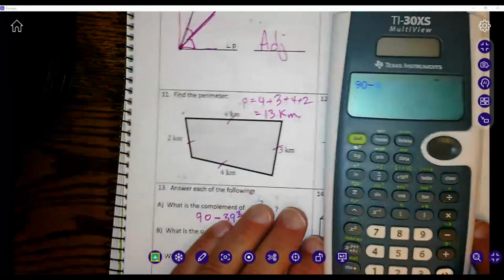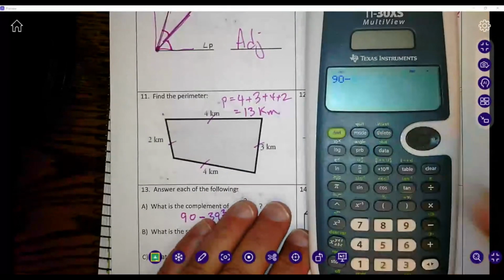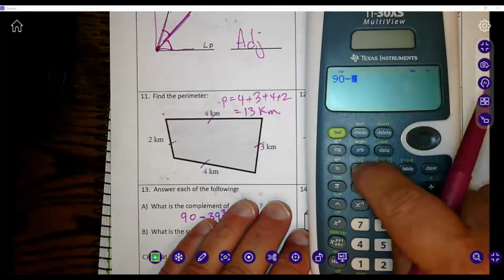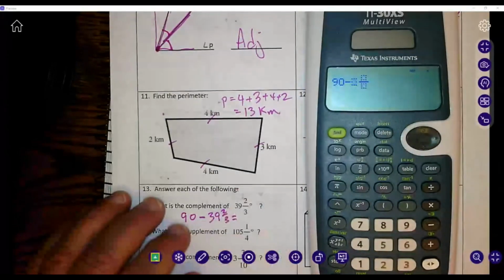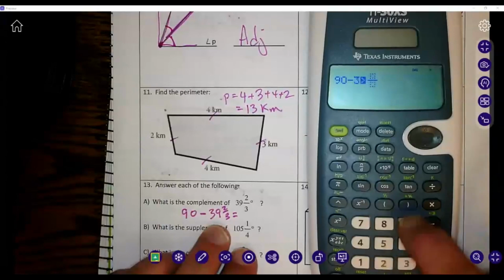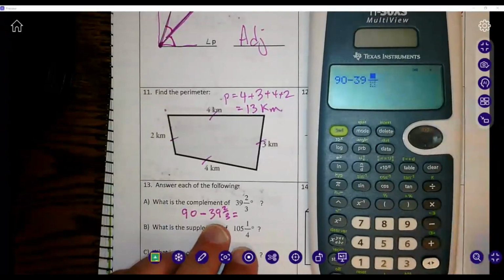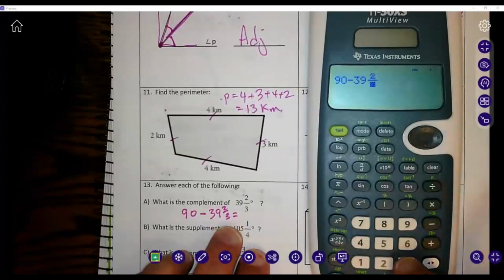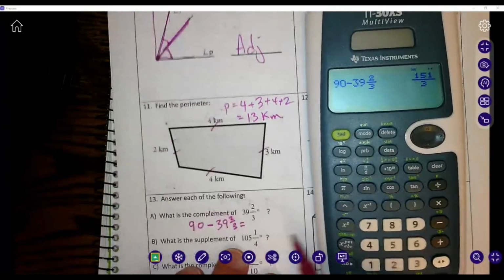So I punched in 90. I'm going to hit second so that it activates this green button when I hit that. And now I have the mixed number format, so I can punch in 39, arrow over to the numerator, which is 2, denominator is 3, arrow out, and hit enter, and I get 151 over 3.